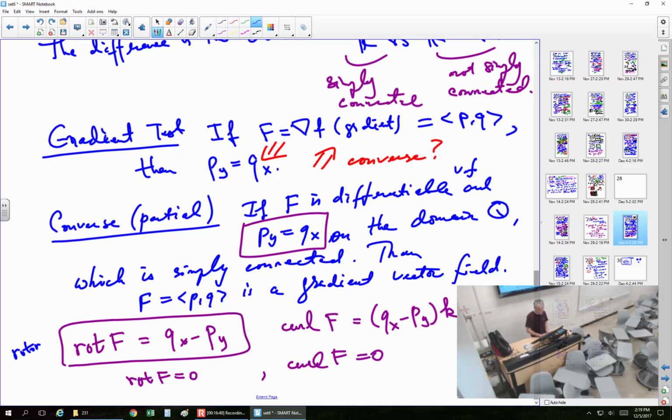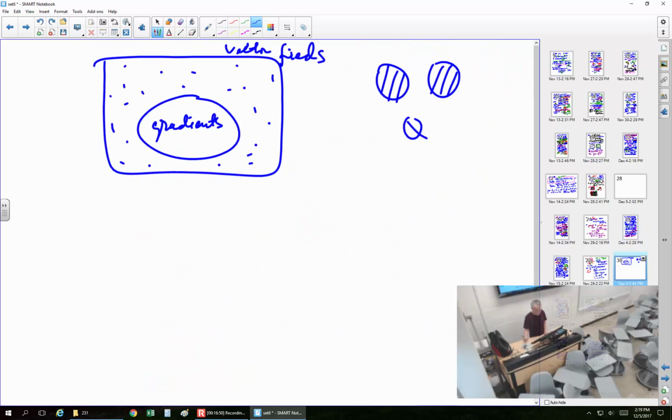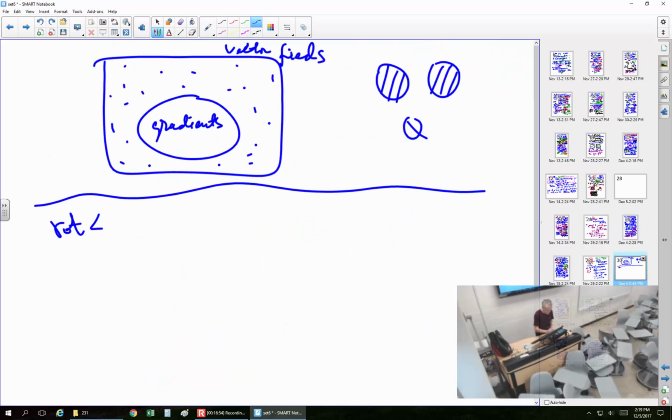It is a tricky concept, so I want to go straight to a discrete situation where everything is constant or almost constant. So once again, the rotor of a vector field (P, Q) is Q_x minus P_y. You remember where it comes from: the partial derivatives of the two components, and they have to be equal if the vector field is a gradient.